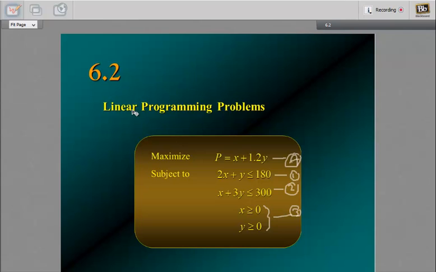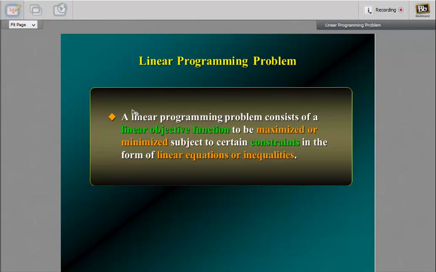Now I will show you how we can solve this type of linear programming problem. As I told you in my face-to-face class, there are two ways: one is the graphical method, the other is the simplex method. First we will discuss the graphical method, and after that the simplex method.